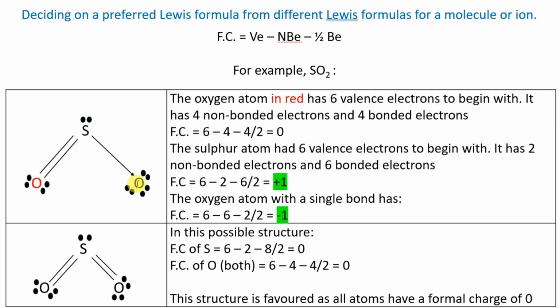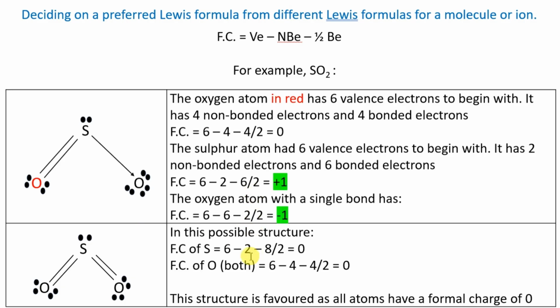And the oxygen atom with a single bond. Formal charge. 6 valence electrons to begin with, minus 6 for the 3 non-bonded pairs, minus a half of 2, that comes to negative 1.